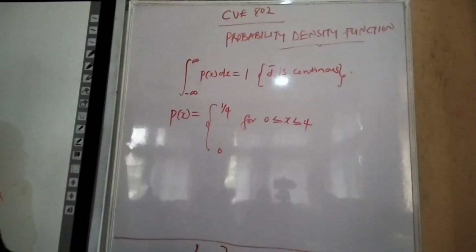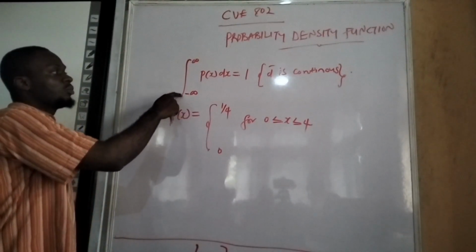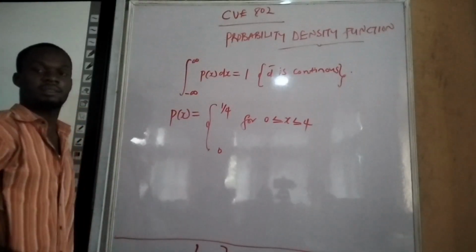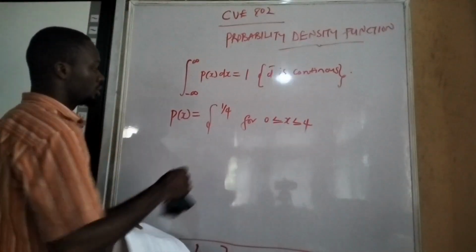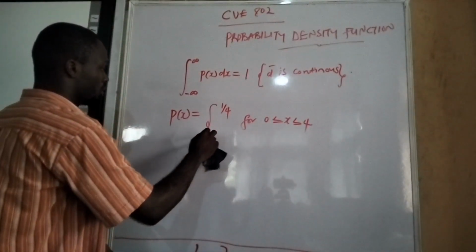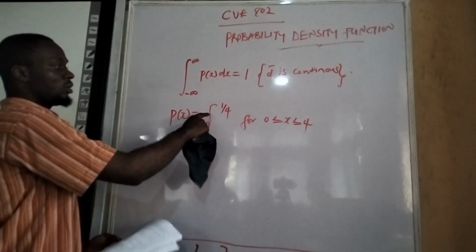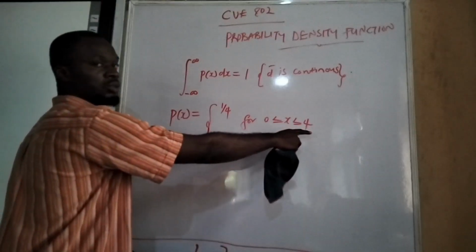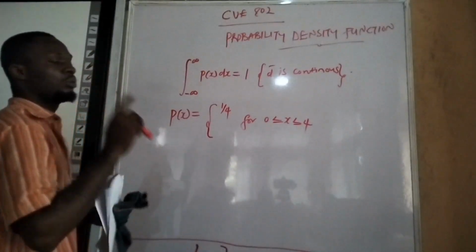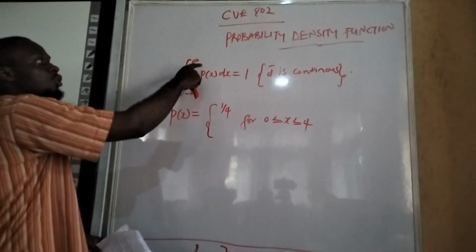For us to do that, we integrate this function from negative infinity to positive infinity. But for this function, we're told that the value of s ranges from 0 to 4. But we should integrate from negative infinity to positive infinity.